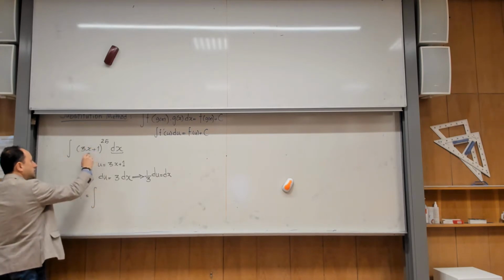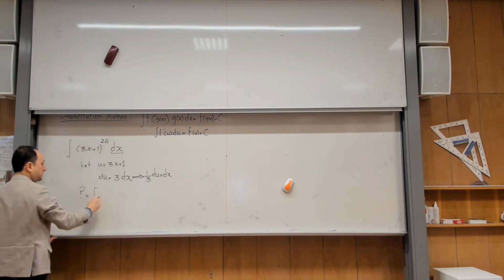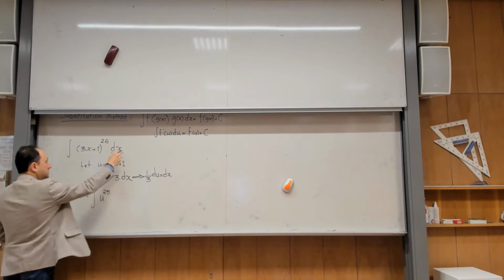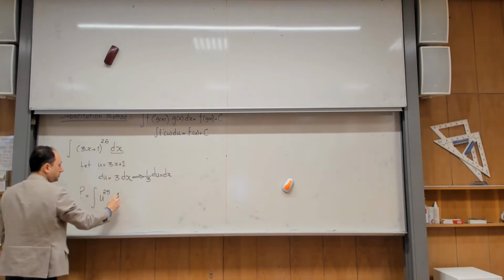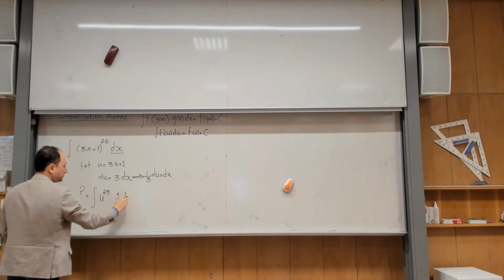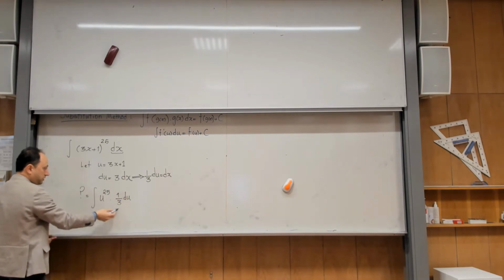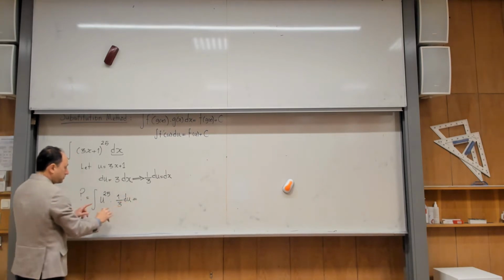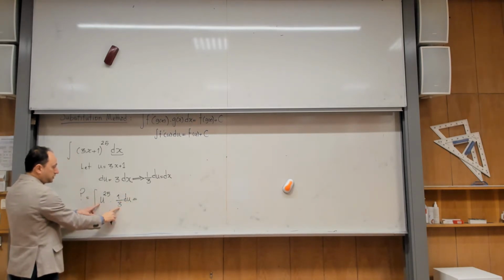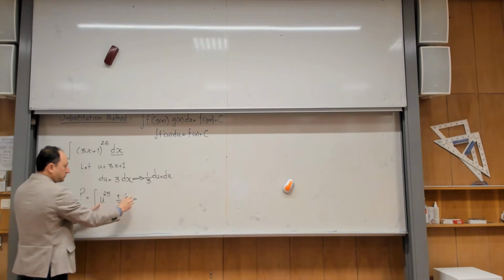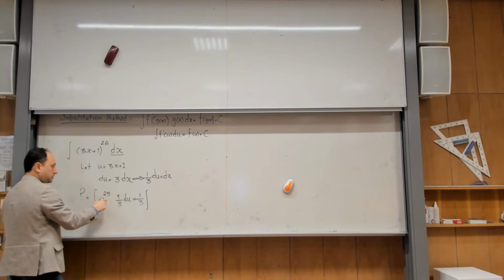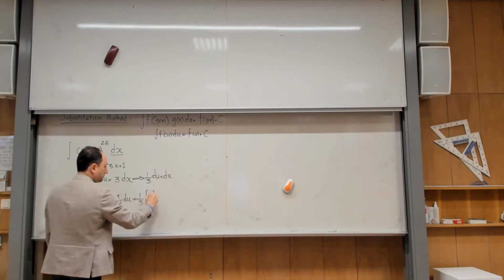Instead of this expression, I put u to the power of 25, multiplied by, instead of dx, a third du. But 1/3 is a multiplicative constant. If I want to find a primitive function for this, I really don't care about the constant. I just care about a primitive function for u to power 25.